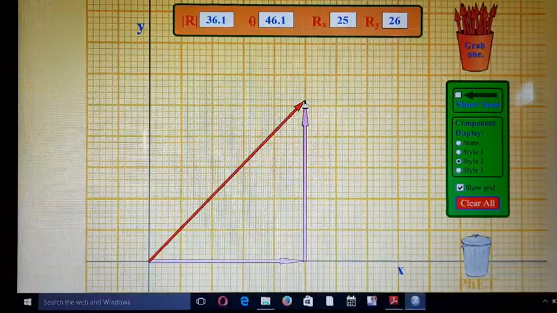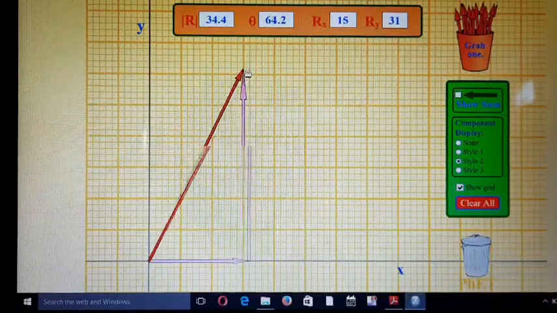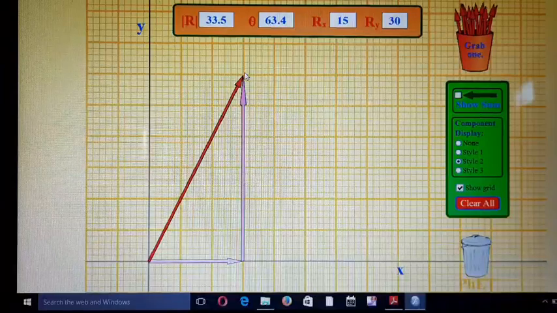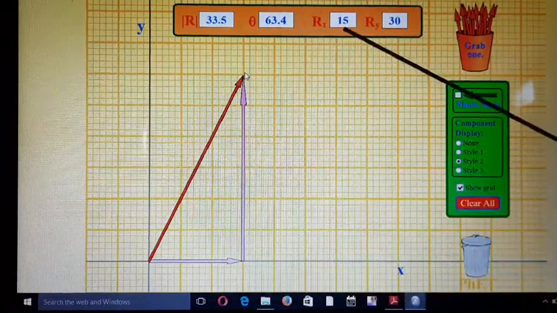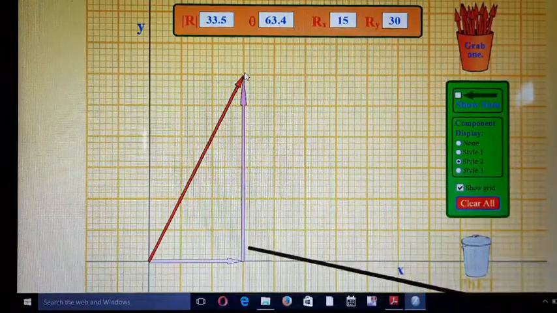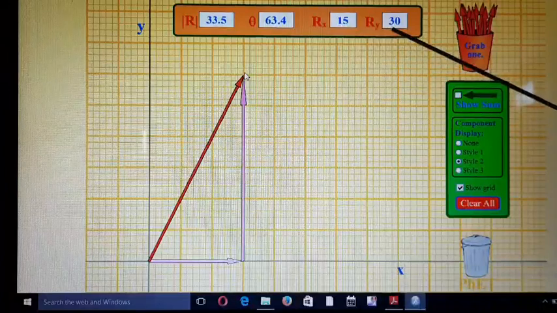Suppose now we change its magnitude. Look here, at that time its x component is 15 and its y component magnitude is 30.